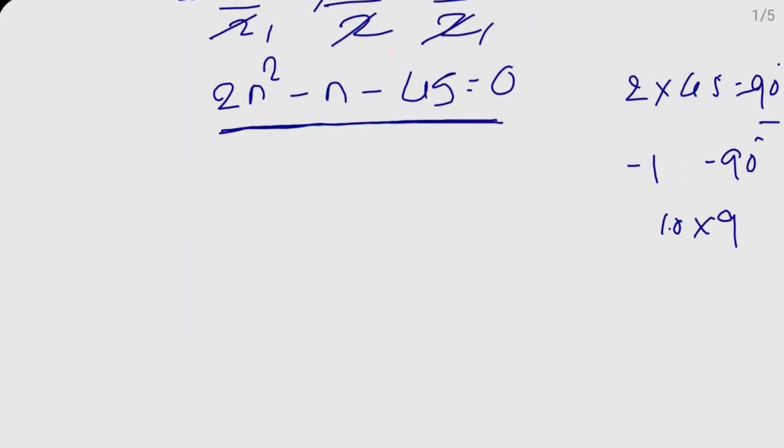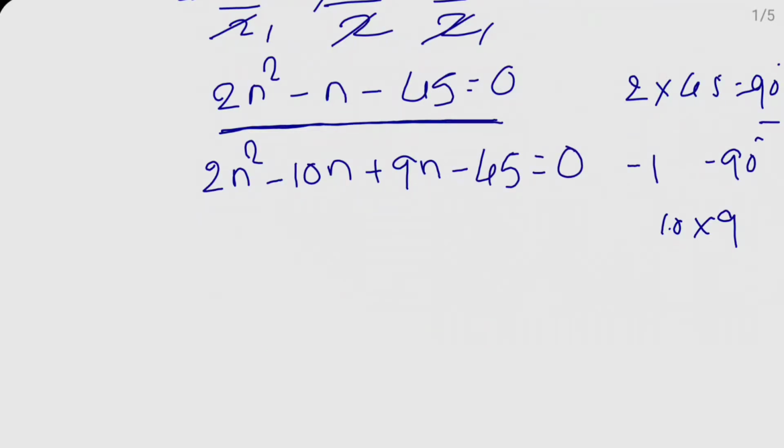So 10 nines are 90, and 10 minus 9 is 1, right? So write down here 2n square minus 10n plus 9n minus 45, and this is equal to 0.